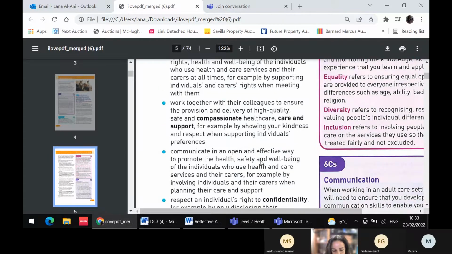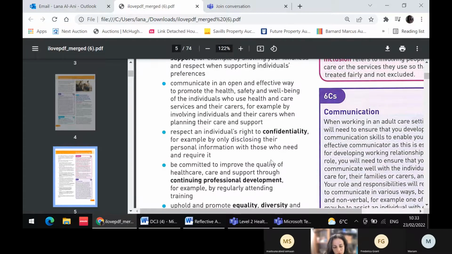Also, it talks about the way we work together as carers. The way you work together with your colleagues is also included in the code of conduct. So you always need to provide high quality, safe, and compassionate healthcare. Also, this code talks about communication. You need at all times to be effective and well communicated.